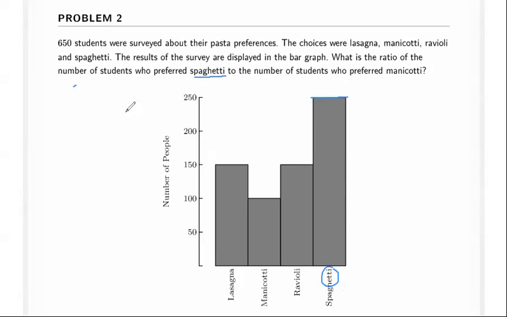That is exactly 250, to the number of students who prefer this one, which is at this level, which is just 100. So we are looking for the ratio of this number to this number, so we want to be careful. That should be 250 over 100. So cancel these.